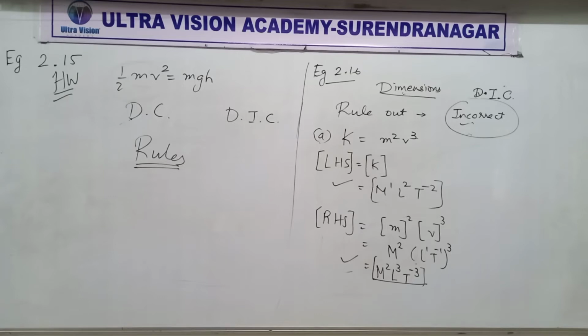If you have not understood, you are most welcome to ask a doubt. Smith asks: powers of m and v are dimensionless? Yes, 2 and 3. Power of m is 2, power of v is 3. Isn't 2 a number? A simple number will always be dimensionless. The powers must be dimensionless, otherwise it's a problem.